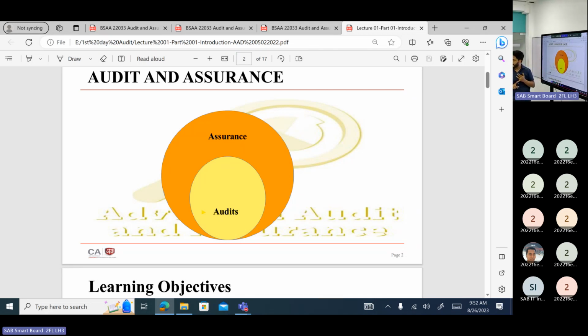Okay. Assurance can be divided into two: high level assurance and low level assurance. That's the second fact. And then, if there's an assurance engagement, there are common elements, features of an assurance engagement. That's the third fact I'm going to discuss here.